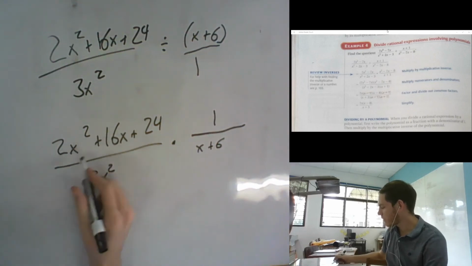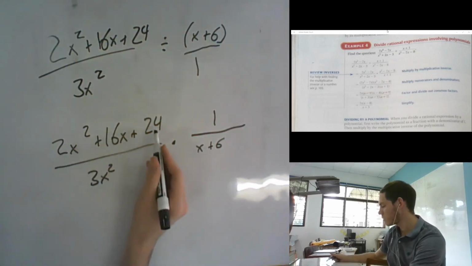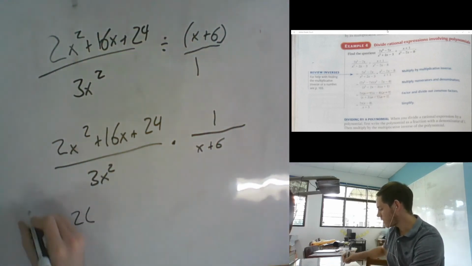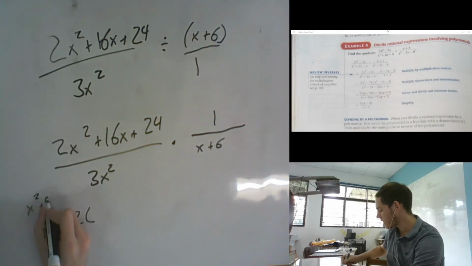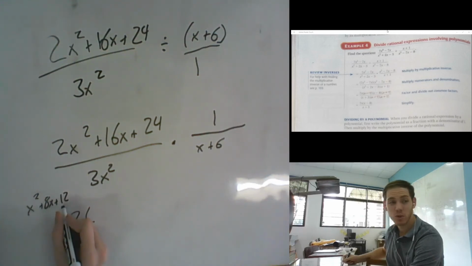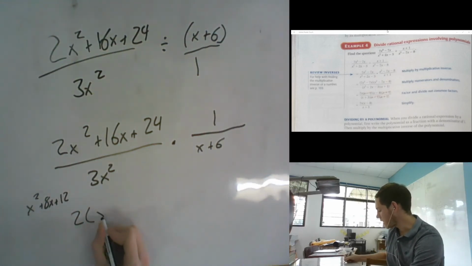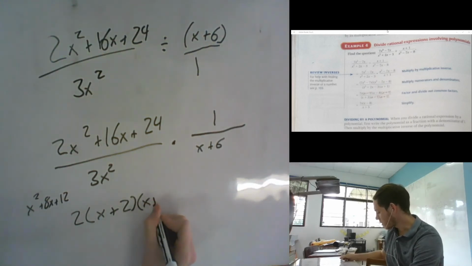Okay, and we just simplify the top. We can divide out a 2. So dividing out a 2, we get x squared plus 8x plus 12. What goes into 12? 3 and 4, 2 and 6. 2 and 6 add up to be 8. So we get x plus 2 times x plus 6.